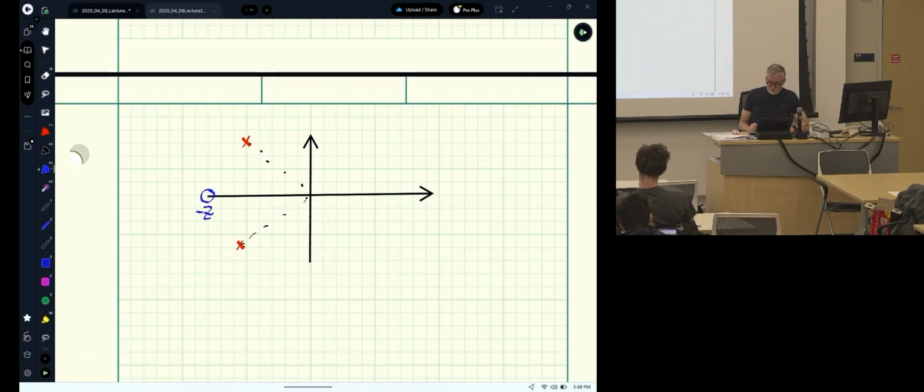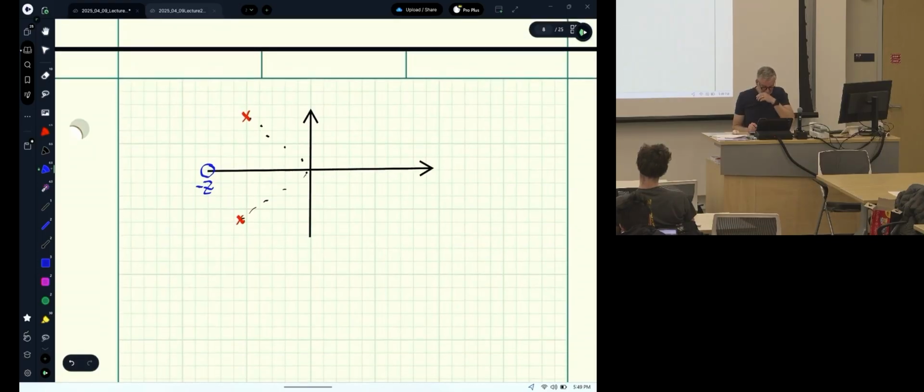And there's the zero. So if we could remove the effect of the zero, it would no longer be causing us any problems.